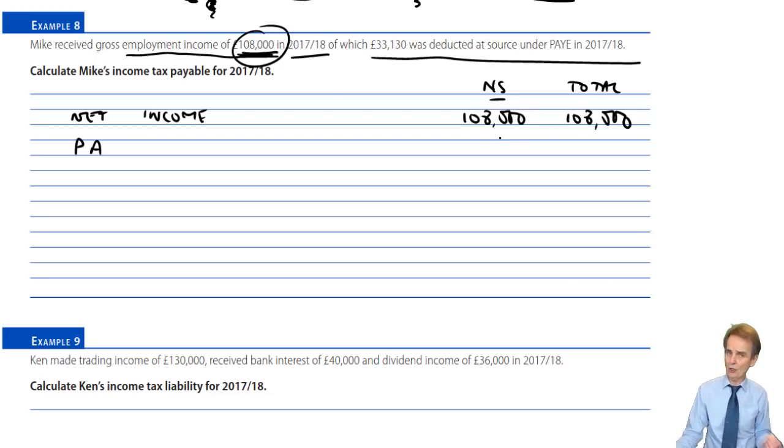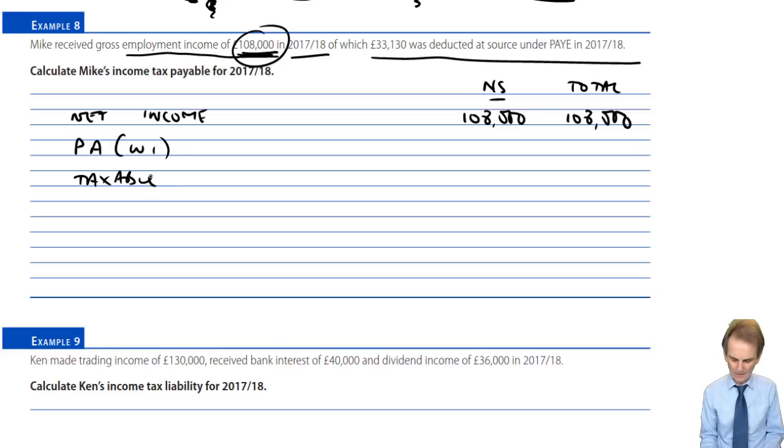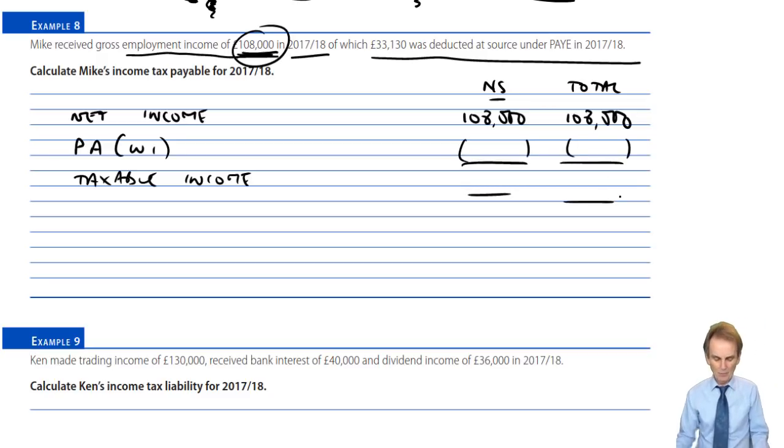So there's a restriction, not the entire removal of the personal allowance. So I'd always recommend putting your personal allowance into a working, and of course when you've got it, that will bring you down to taxable income, and then we can proceed to tax that figure of taxable income. But we need a working now to show how we get the personal allowance figure.